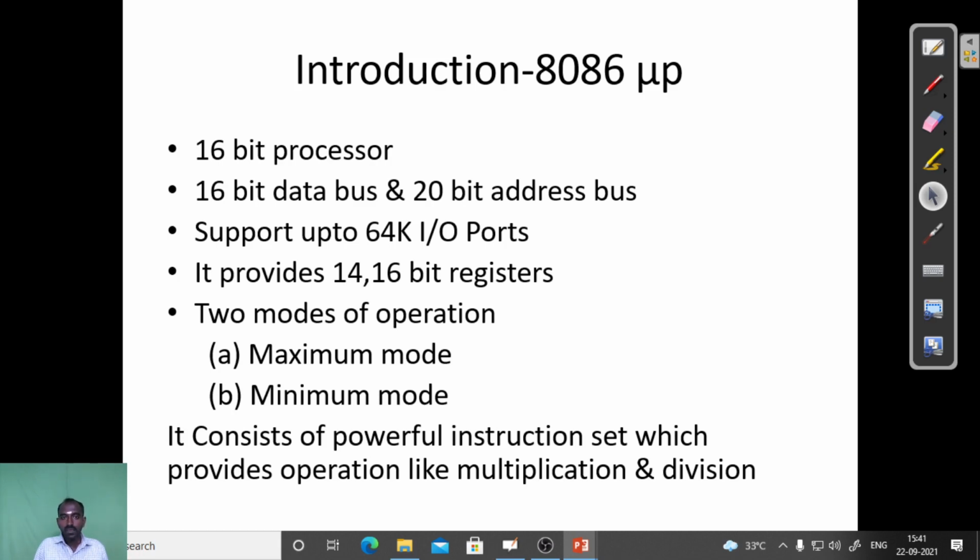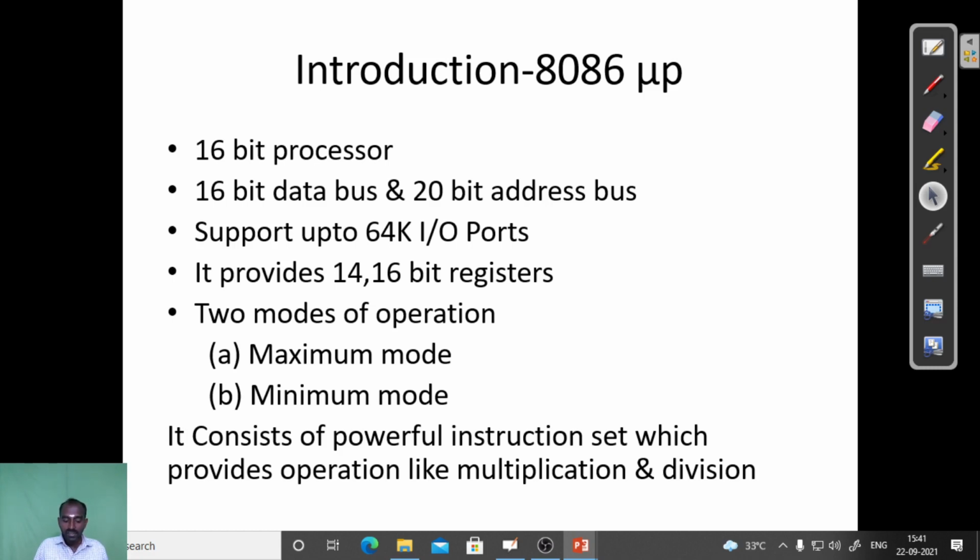Next, it is a 40-pin IC. It is a dual inline package. It requires a plus 5-volt power supply.